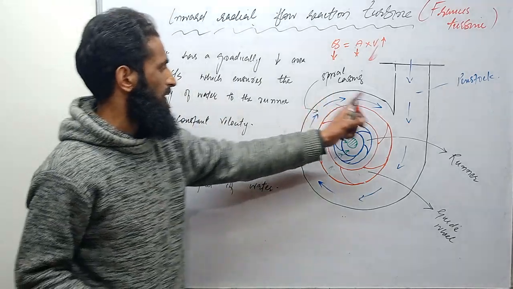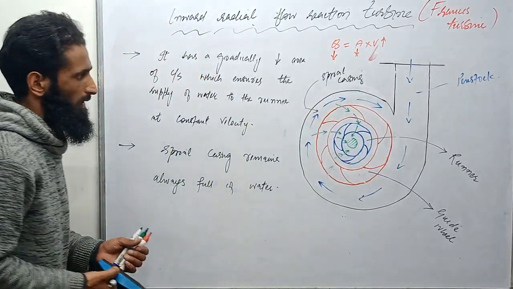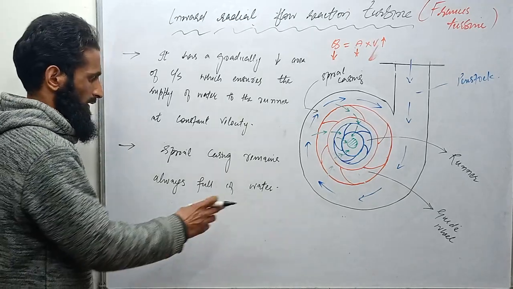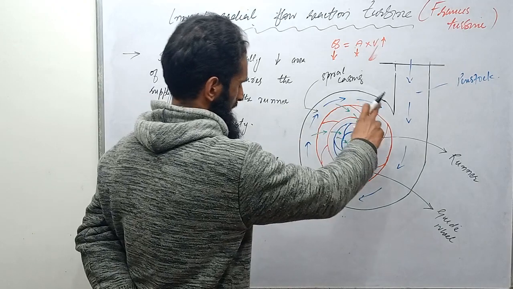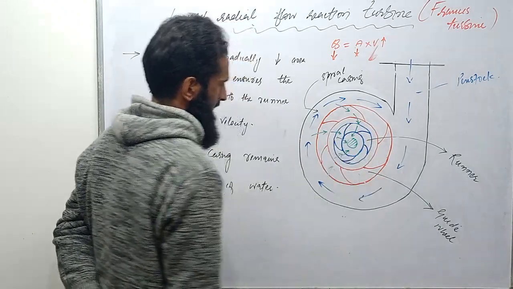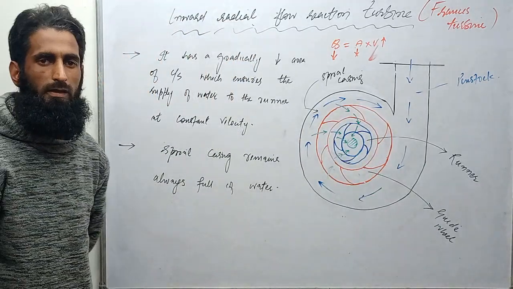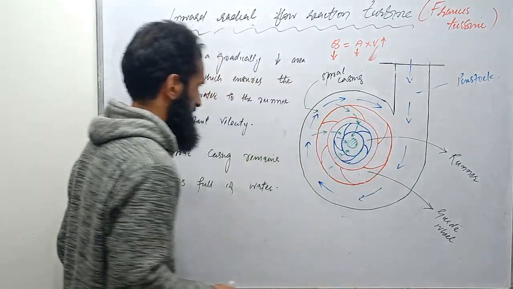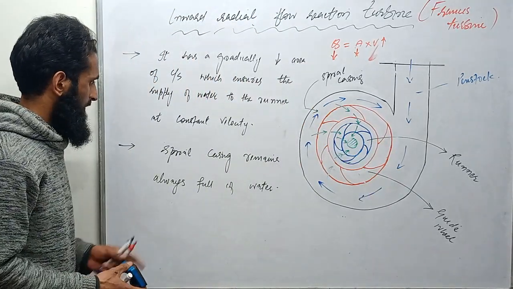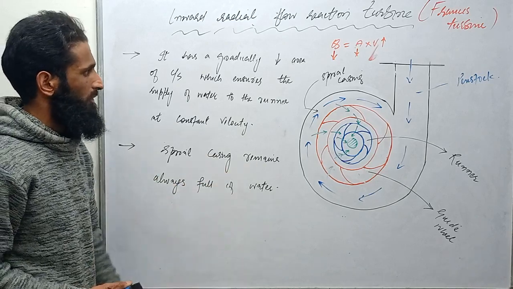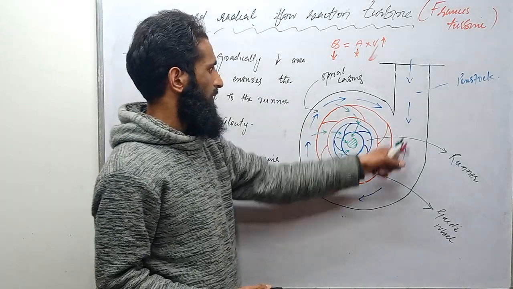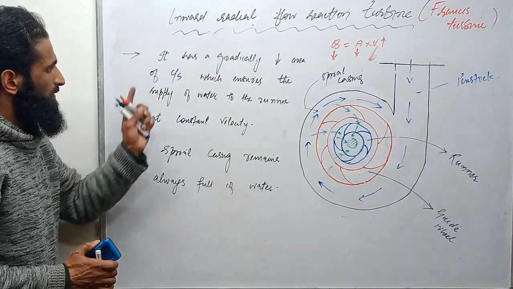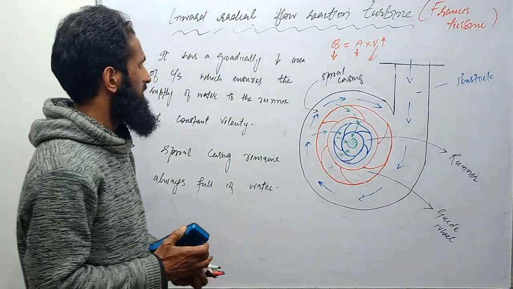Spiral casing and this whole setup, it remains always full of water. दैट मीन्स इसके अंदर जो वाटर होता है, दैट इज अंडर प्रेशर, ठीक है। So this was about spiral casing.